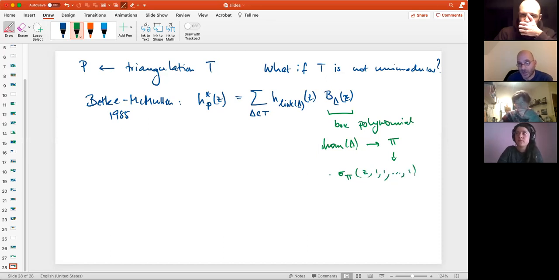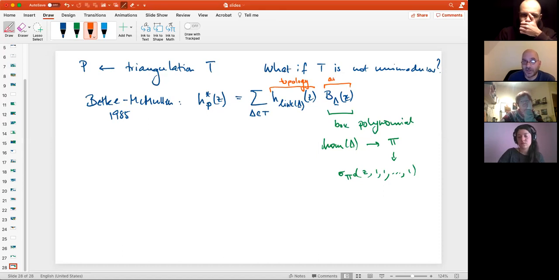I'm going to do exactly the same thing now, except that I'm going to open up this parallelepiped. So it's another construction. Here's the topology of your triangulation, and here's the arithmetic. You need both data.